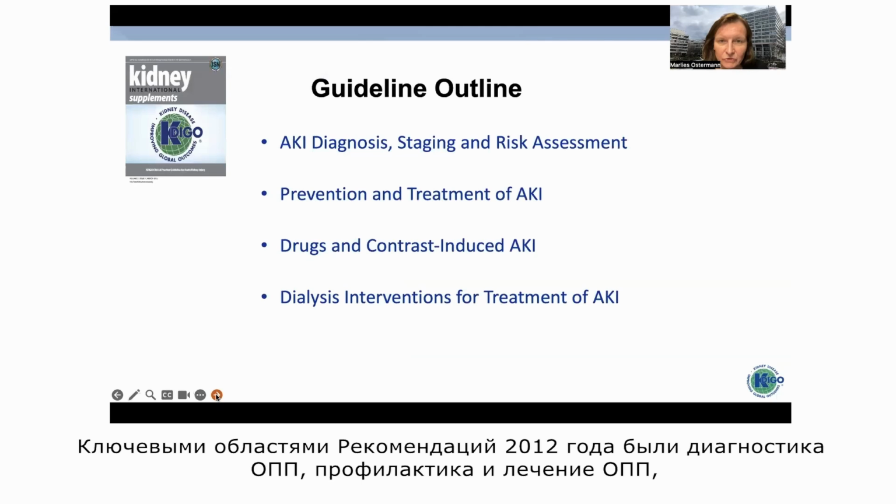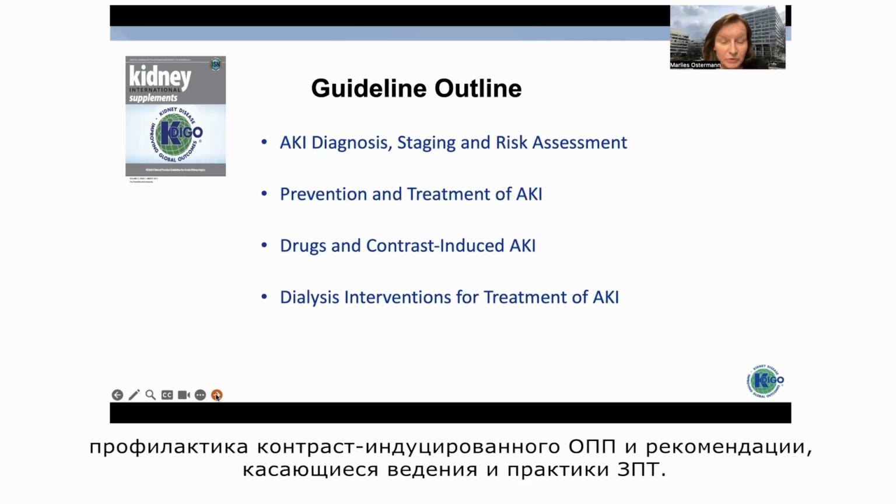The key areas of the 2012 guideline were acute kidney injury diagnosis, prevention and treatment of acute kidney injury, prevention of contrast-induced acute kidney injury, and recommendations related to the management and practice of renal replacement therapy.